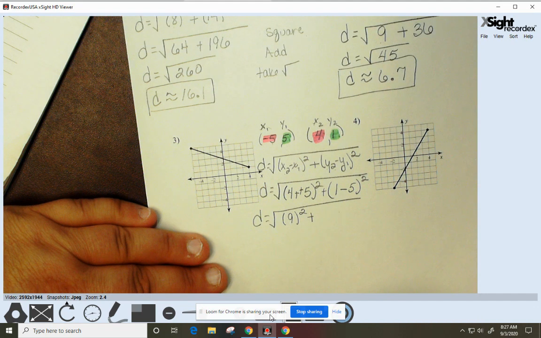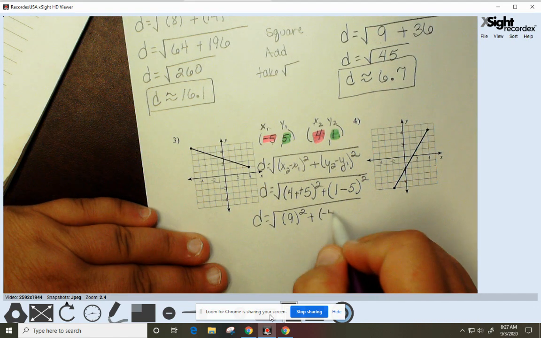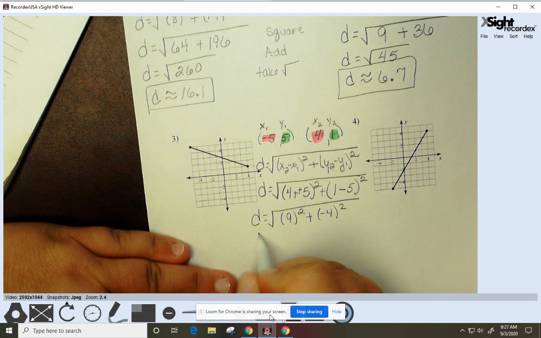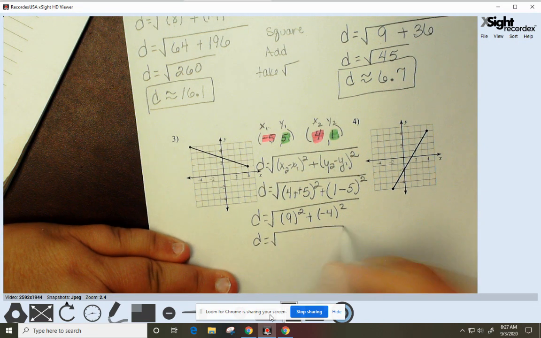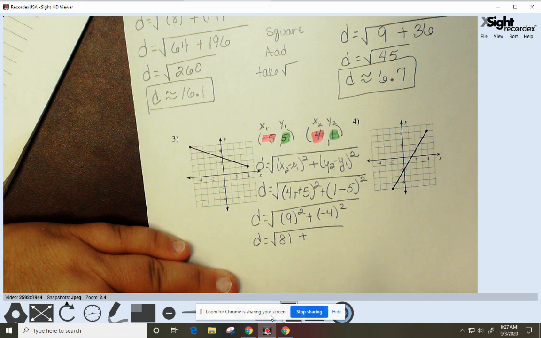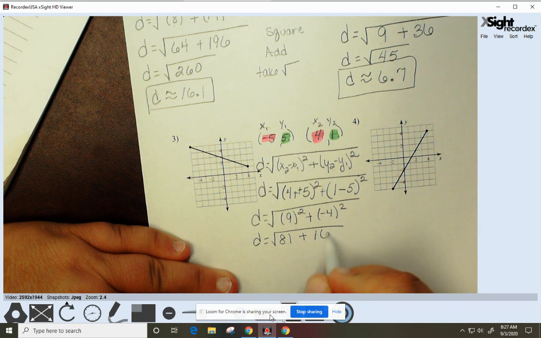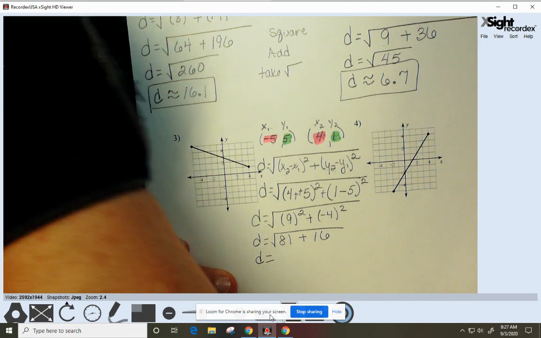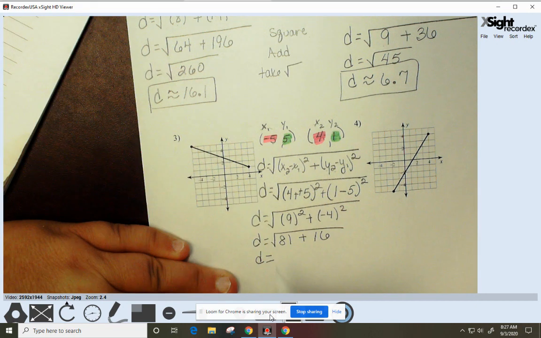1 minus 5 is a negative 4. And again, put that negative inside those parentheses. So my distance is going to be the square root of 81 plus negative 4 times negative 4 is a positive 16. So I've got 81 plus a positive 16 is going to be that square root of 97.